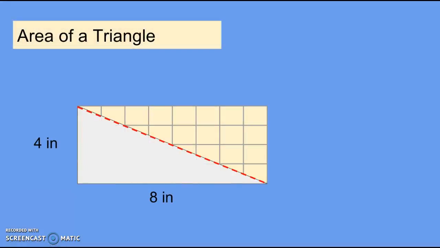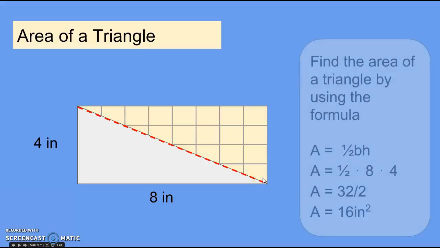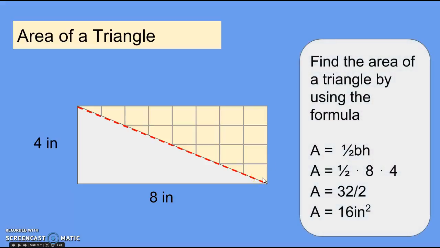So we have some dimensions here. We still have the base and we still have the height, but we only have half a rectangle. So the formula to find the area of a triangle is 1/2 the base times height of the rectangle.